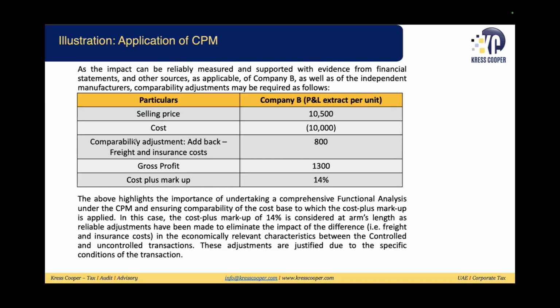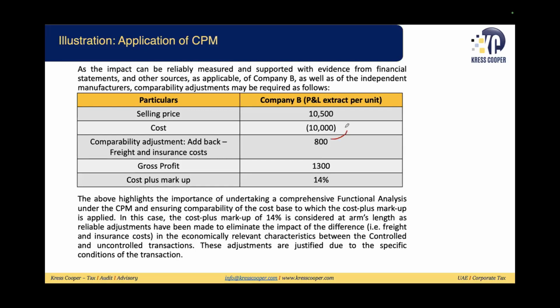Going into further detail, you can see the selling price from B to A is 10,500, cost 10,000. Now the additional cost is 800, and the remaining GP is 1,300. Because other manufacturers are not charging this, we have added it back to the profit.